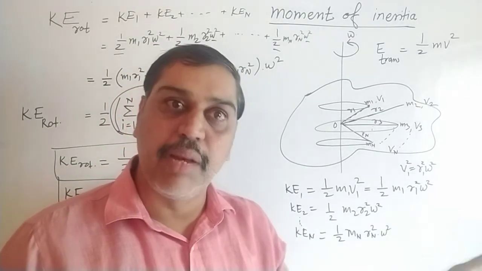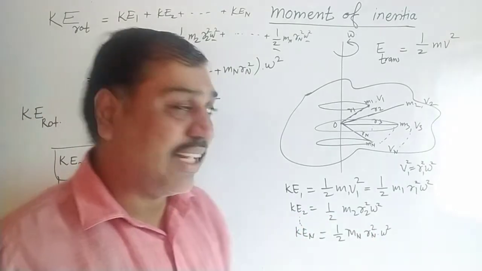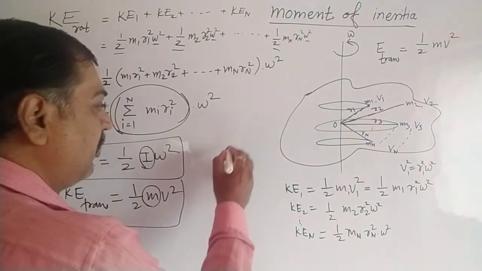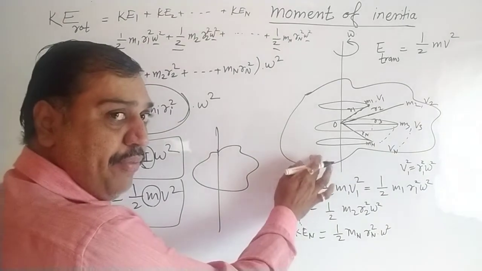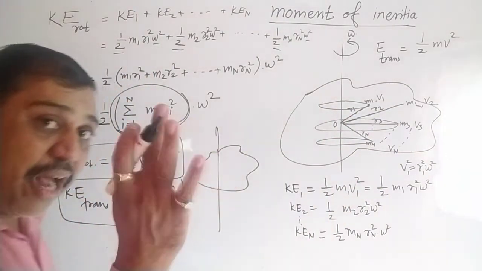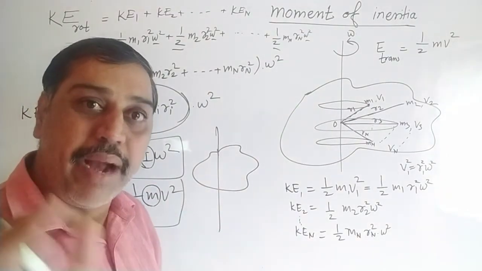We know only the total mass of that body, or a small mass of the body we can find out. Suppose this is another body, I will draw the smaller one. This is a body which has different masses, m1, m2, mn.